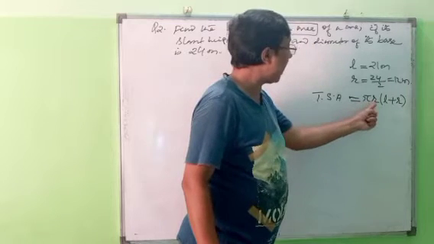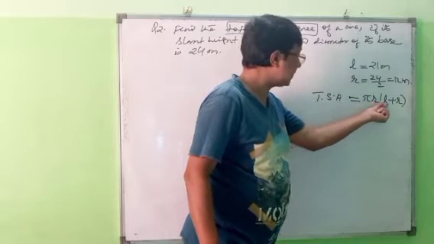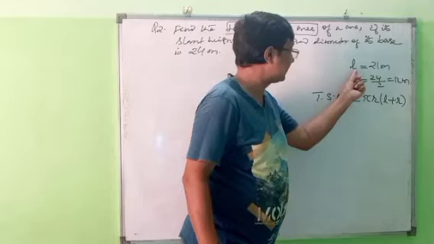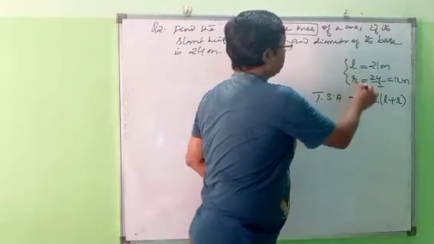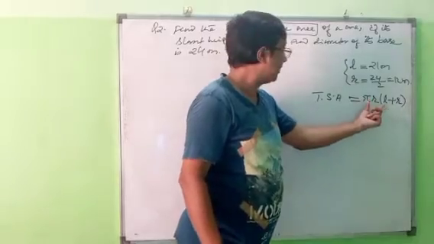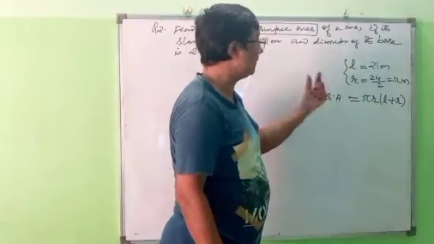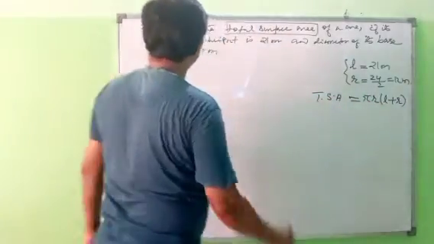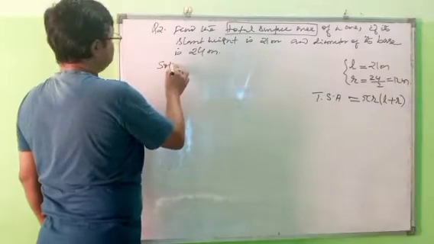Here r is the radius and L is the slant height. They have given these two. So now putting the values of L and r in the formula, you will get the total surface area of the cone. Now the solution.